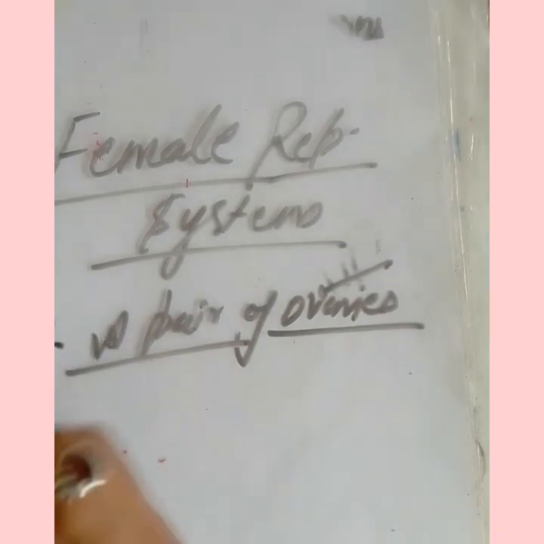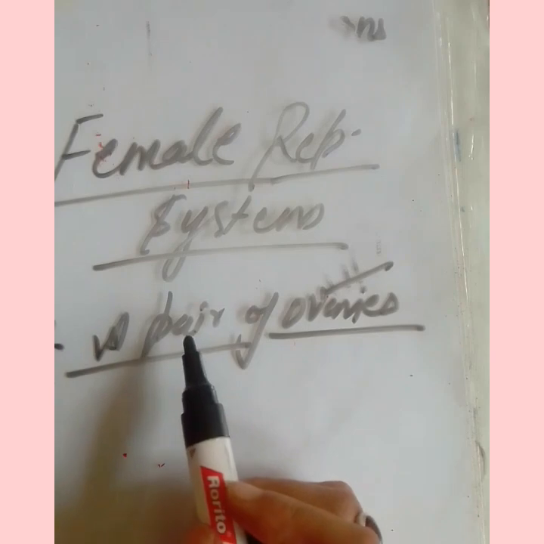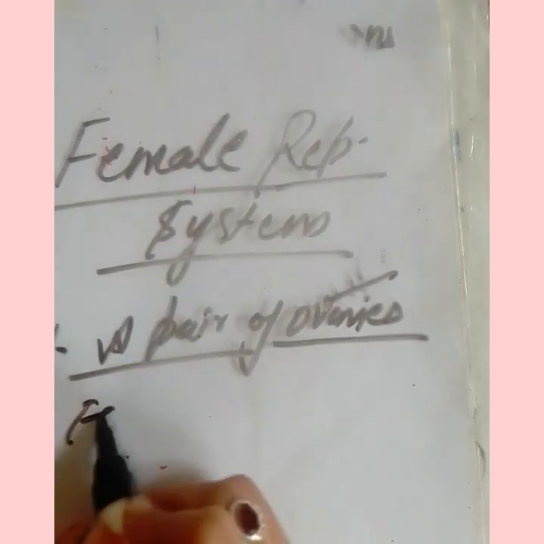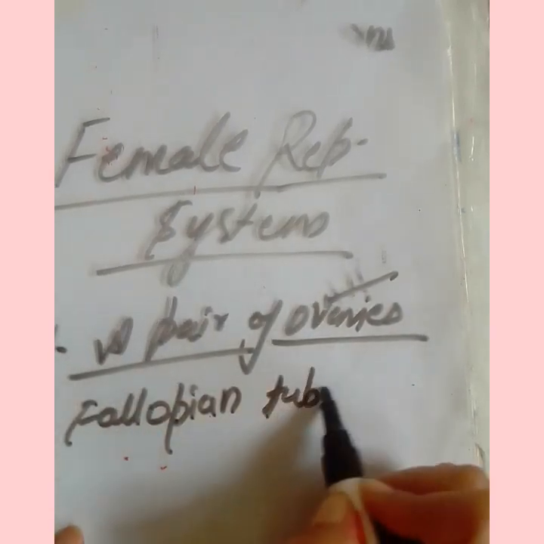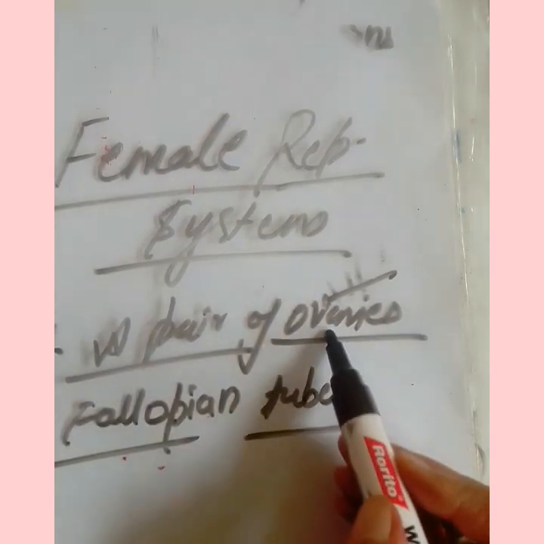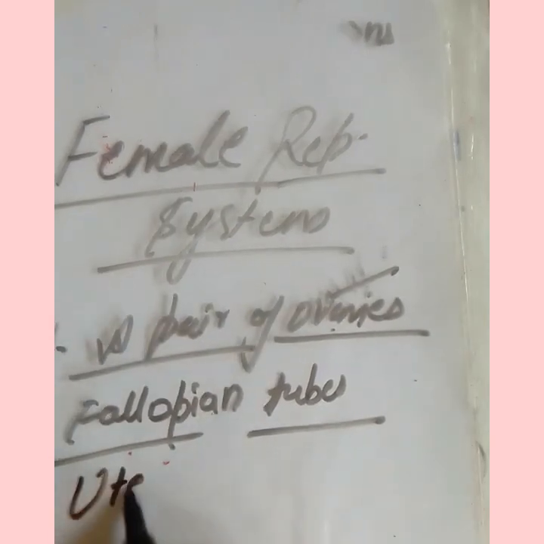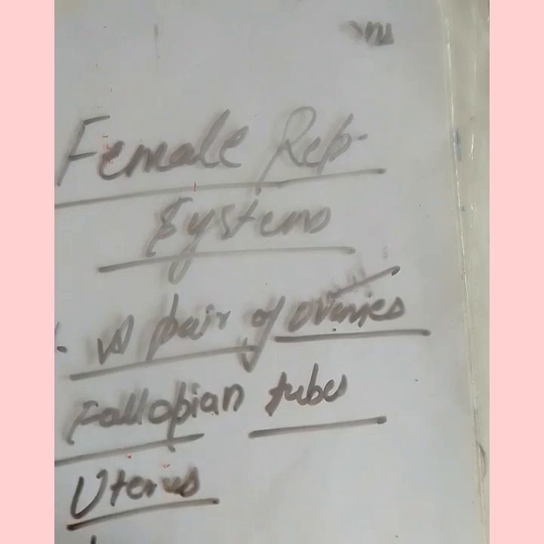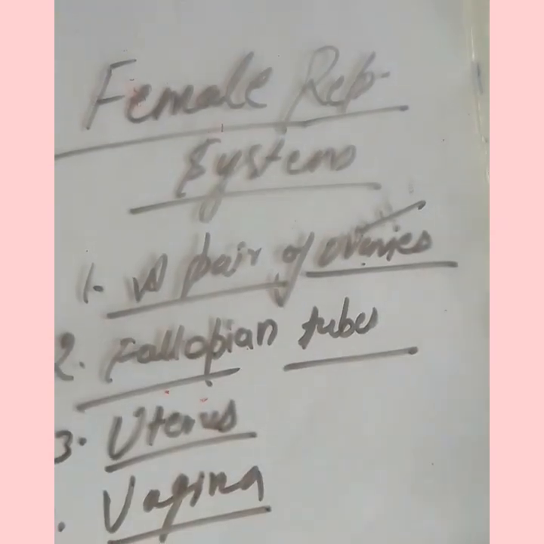Then, as you studied the sperm ducts, here will be present tube-like structures which are called fallopian tubes. A pair of fallopian tubes means tubes which will bring the eggs from the ovaries. Then third will be the uterus and fourth will be the vagina. These are the main parts of the female reproductive system.